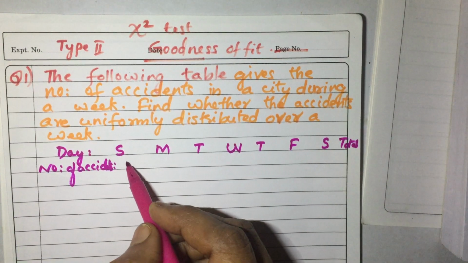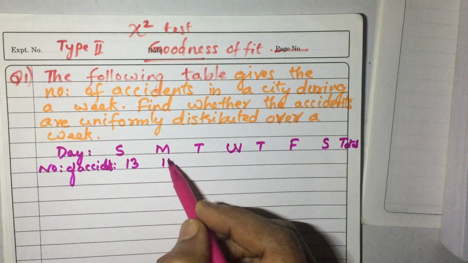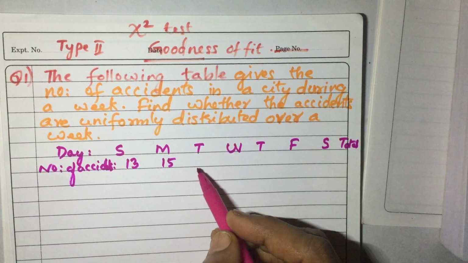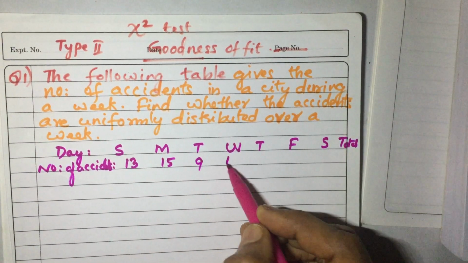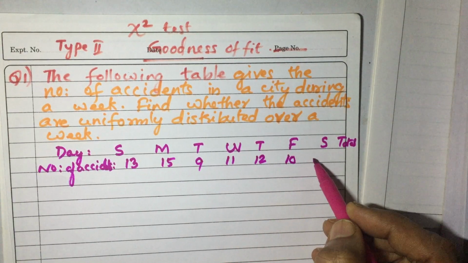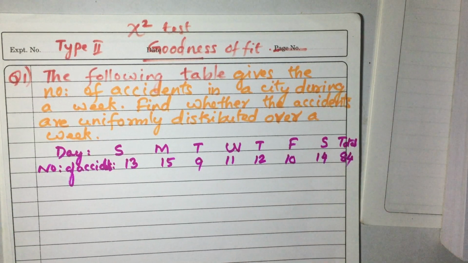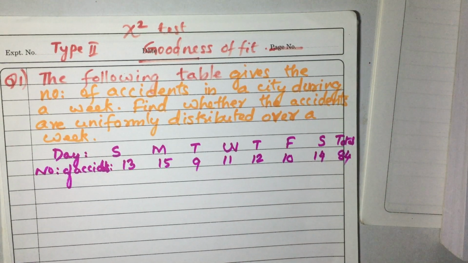On Sunday the number of accidents is 13, Monday 15, Tuesday 9, Wednesday 11, Thursday 12, Friday 10, Saturday 14, and total 84. So you are asked to check whether the accidents are uniformly distributed or not. Meaning we need to see whether the accidents happen in equal number on all the days.